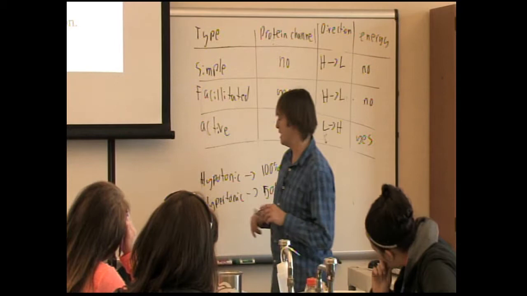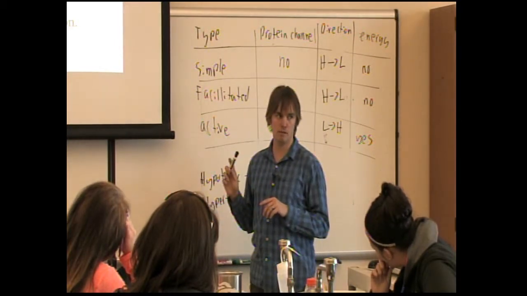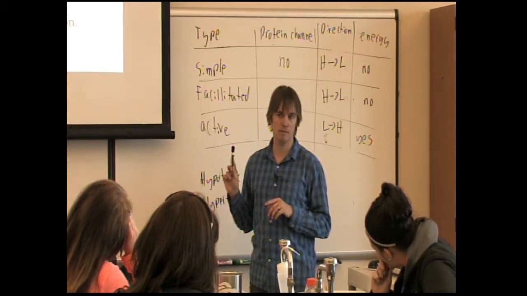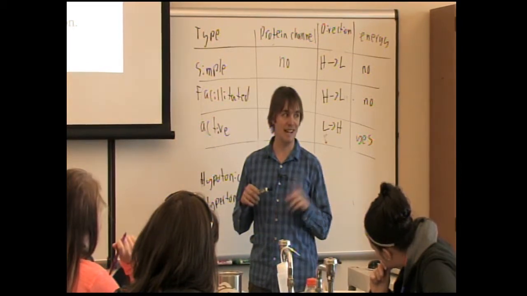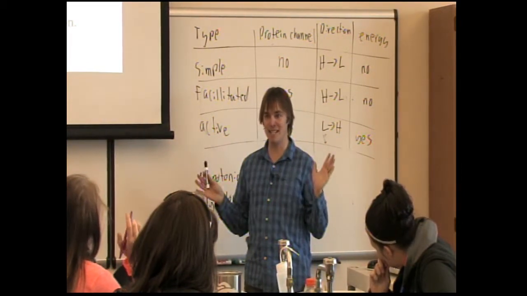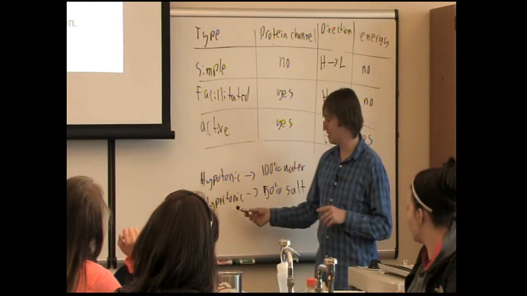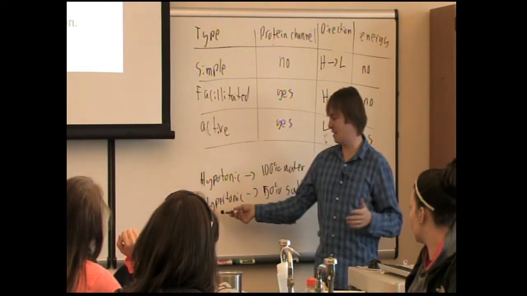And so they said, where do hyper children need to go? Outside, right? Send them outside. So their way to remember it was, if water is going outside the cell, that's hypertonic.